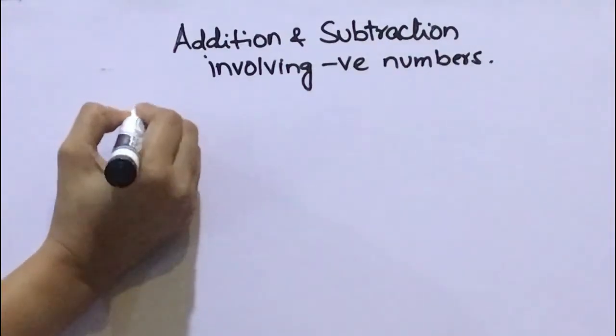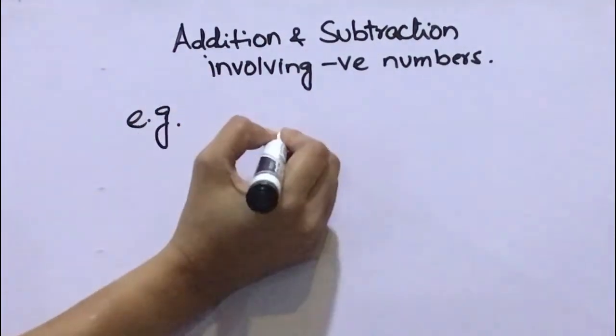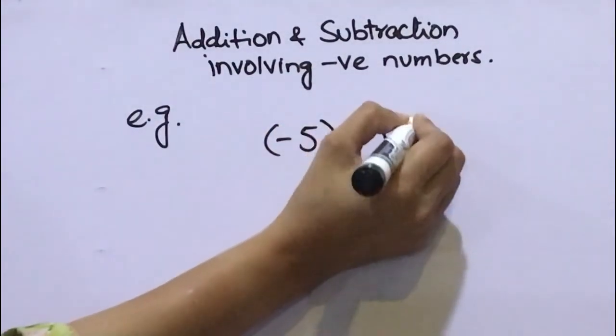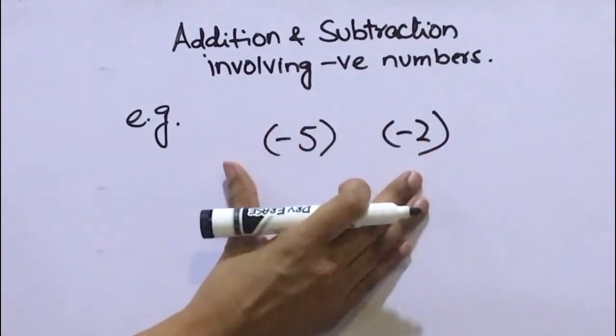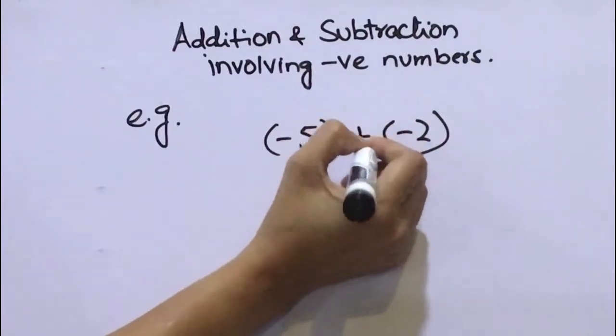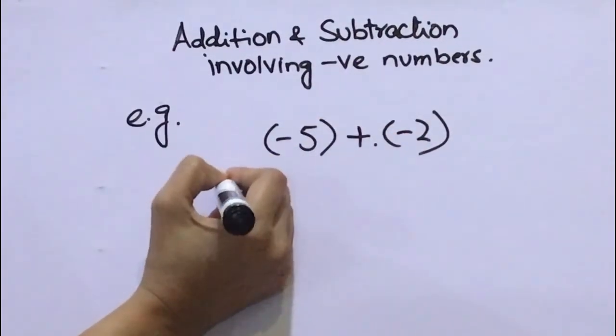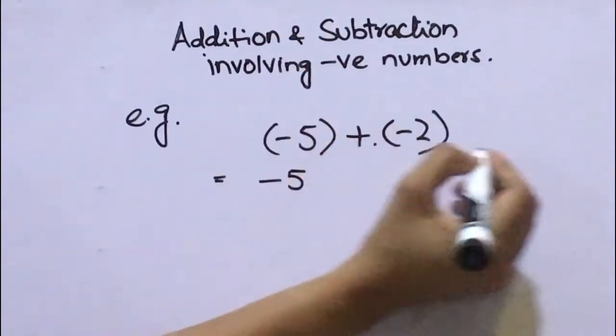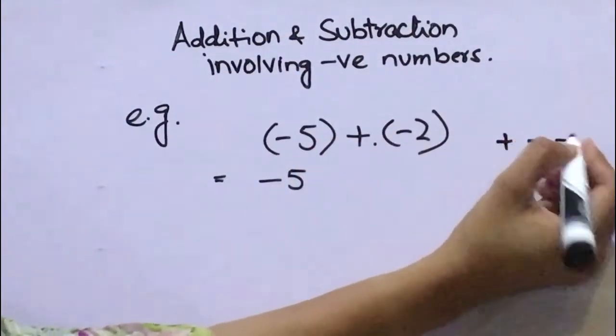Now we will do another example. If we have two negative numbers, minus 5 and minus 2, and we want to add these two negative numbers, what will we do? Minus 5, and as I told you, plus minus would behave like minus.